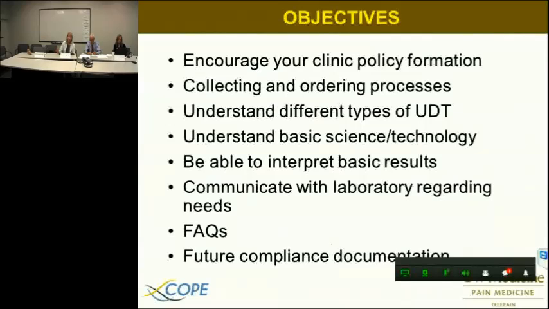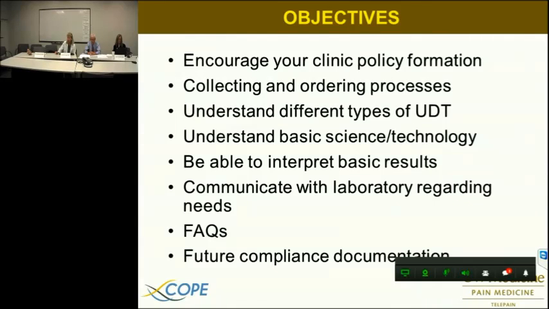We're going to talk about the collecting and ordering processes. Again, review the types of UDT. I've spent a fair amount of time talking to our toxicologist recently. We are not doing a lot of other tissues currently. One issue is funding and changing the labs around. So I'm going to just continue to talk about urine, which is probably the gold standard.